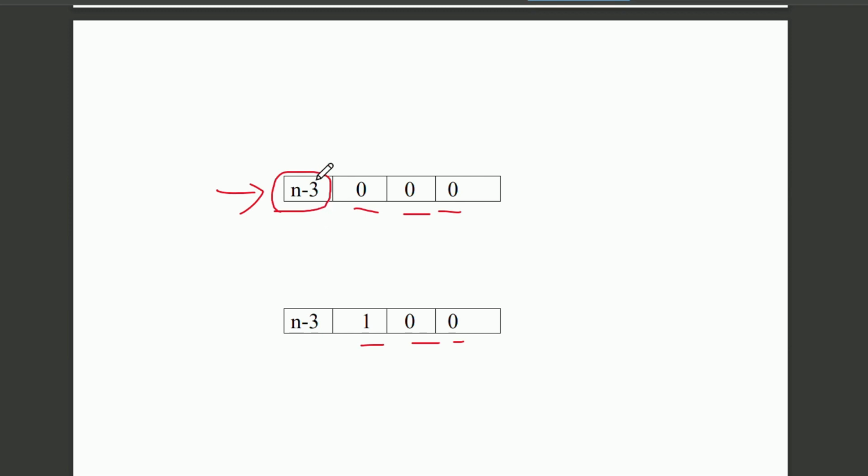So we can take all the possible outcomes, which is 2 to the power of n minus 3. For this question, n is 4, so it equals 2 to the power of 1, which is 2, because only 1 bit remains here.